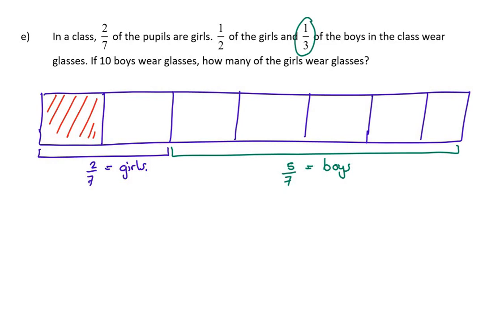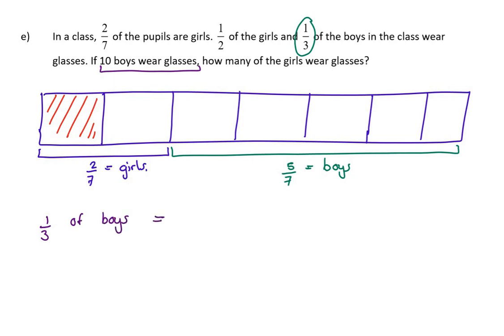So let's continue reading. Half of the girls, so 1 block, and 1/3 of the boys, which I can't currently display, wear glasses. Okay, 10 boys wear glasses. Now, the moment I see 10 boys wear glasses, I don't think I have to continue with my bar model, because 1/3 of the boys wear glasses.